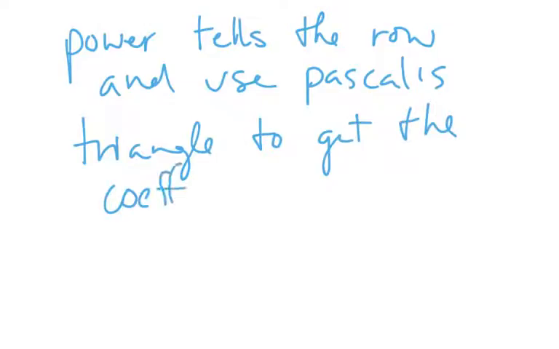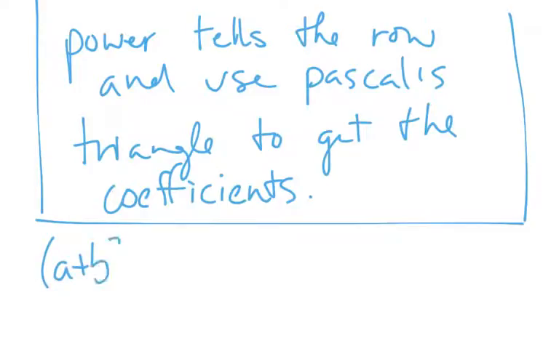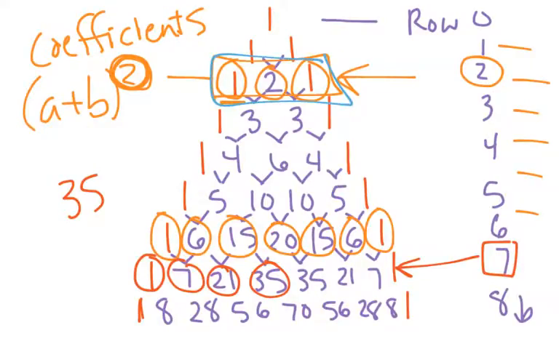That's the first part. With (a + b) squared, which is one we've dealt with, that second row gave us the coefficients 1, 2, 1.